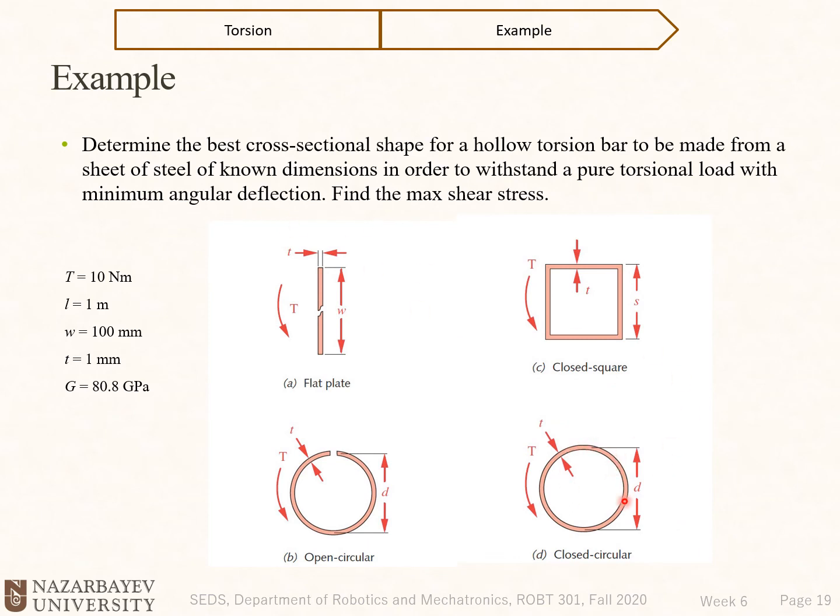So even without solving, we could say that D has the minimum angular deflection and is the optimal one. But I expect you to follow the solution of the book and see basically how much theta and maximum tau will be for each of these cross sections.